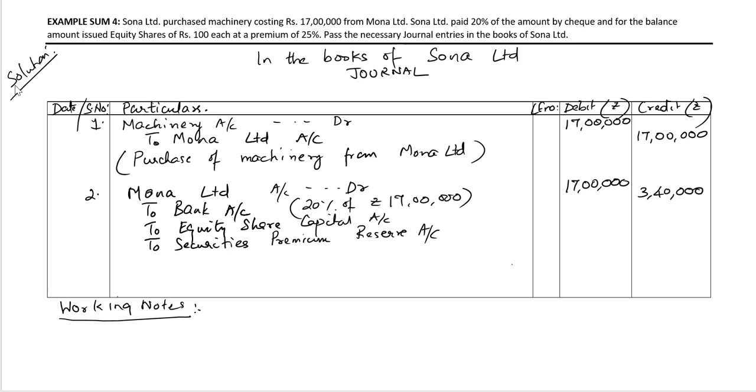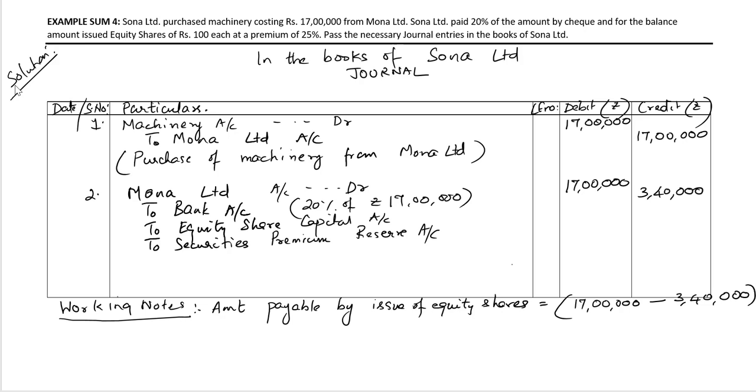First, we'll ascertain the amount which is to be paid by the issue of equity shares. Amount payable by issue of equity shares is equal to the total amount payable, which is rupees 17 lakh, minus the amount which has been paid by cheque, which is 3,40,000 rupees, comes up to 13,60,000 rupees.